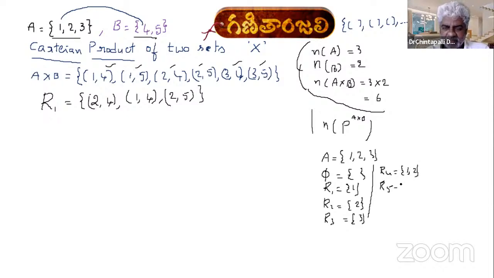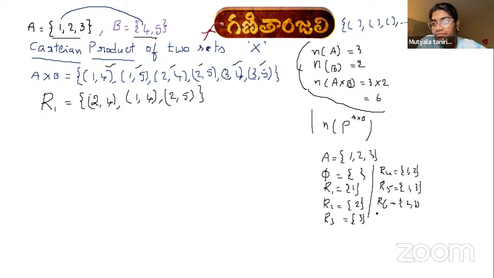R5, 1, 3. Very good. R6, 2, 3. Very good. R7, 1 comma 2 comma 3. Every set is a subset of itself.